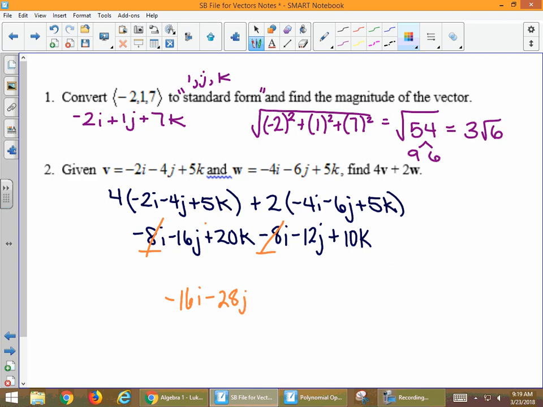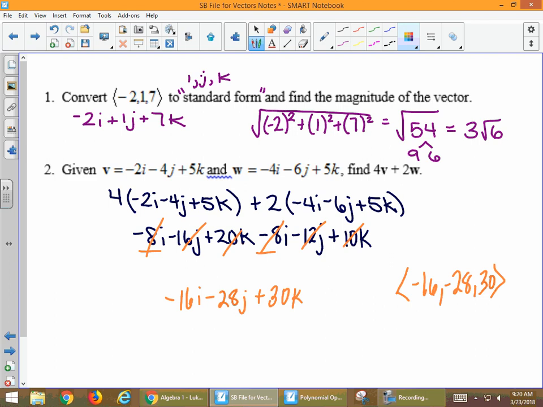I like to cross things off as I go. In component form, we would write that as negative 16, negative 28, 30. You were asked for component form. Good so far?